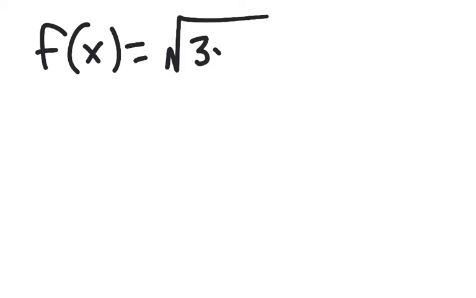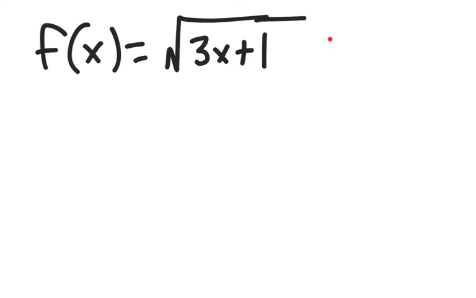If I had to find the domain of a function that is the square root of 3x plus 1, the domain defaults to all real numbers, except I can't have either one of these errors. Could I divide by 0 here?